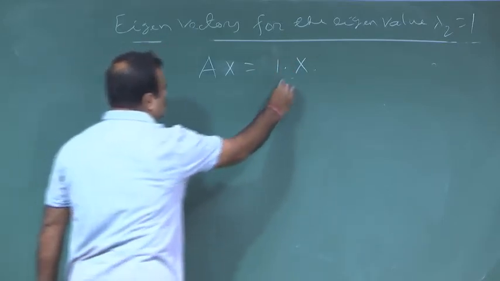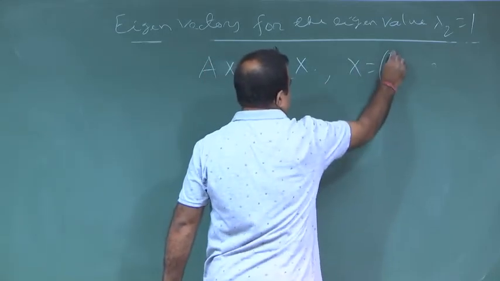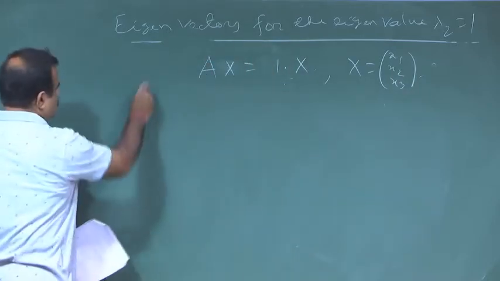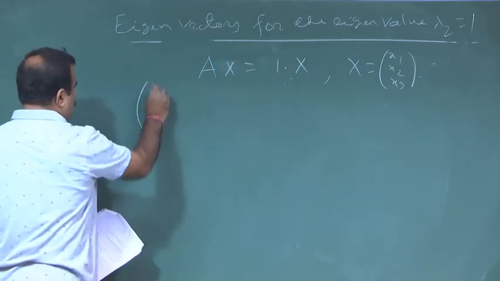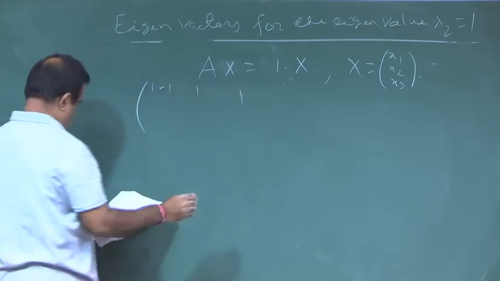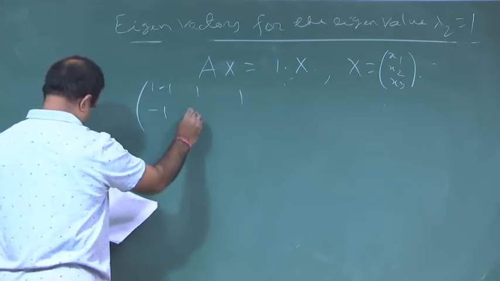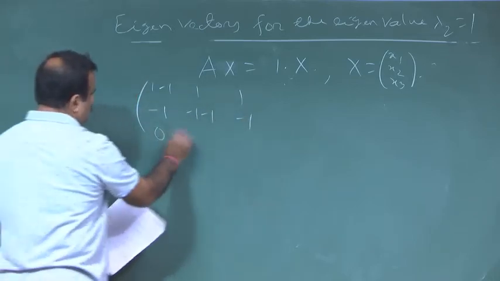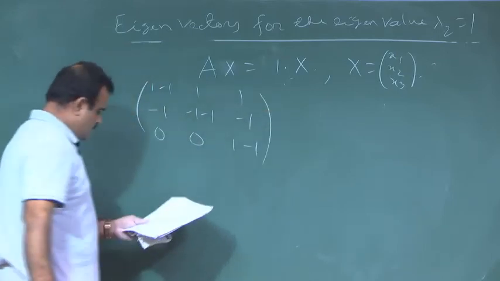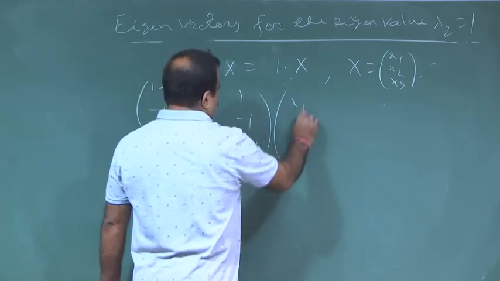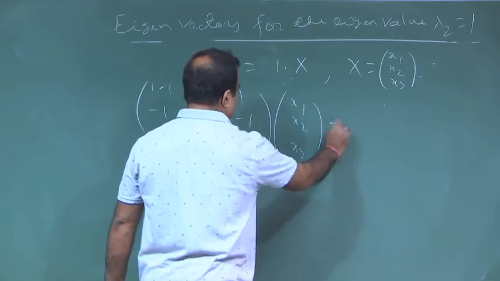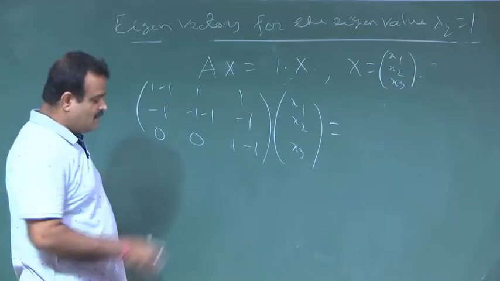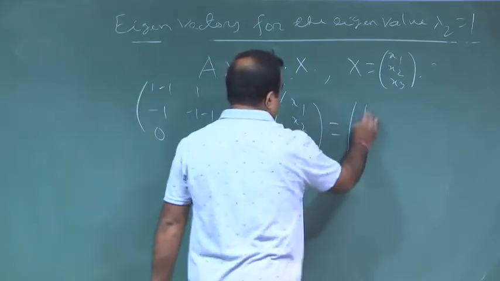If x is x 1, x 2, x 3, this gives us the matrix [[0, 1, 1], [-1, -2, -1], [0, 0, 0]] times x 1, x 2, x 3, which is A minus lambda I, equal to 0, 0, 0.